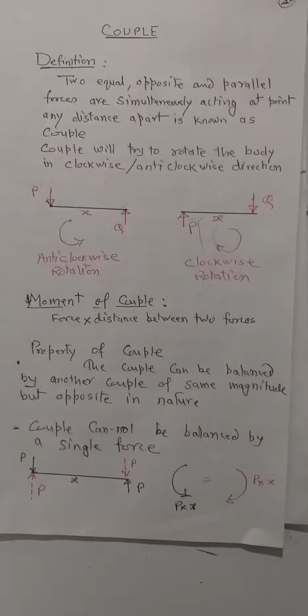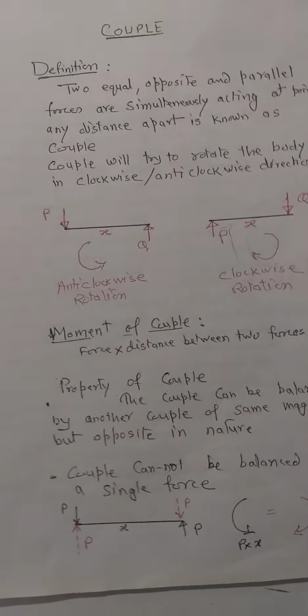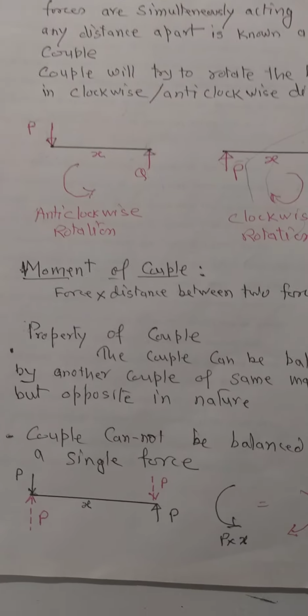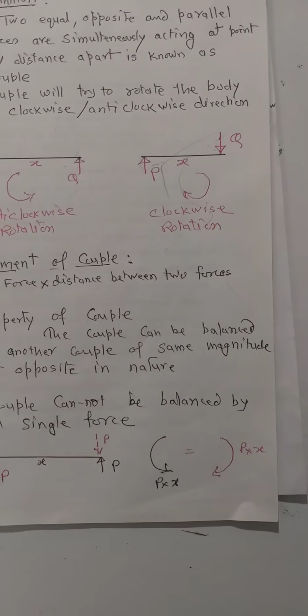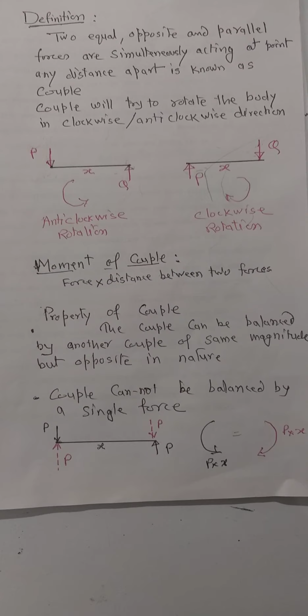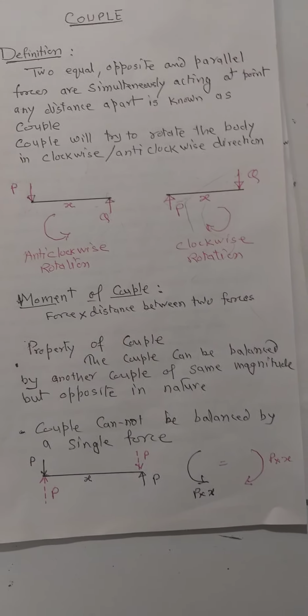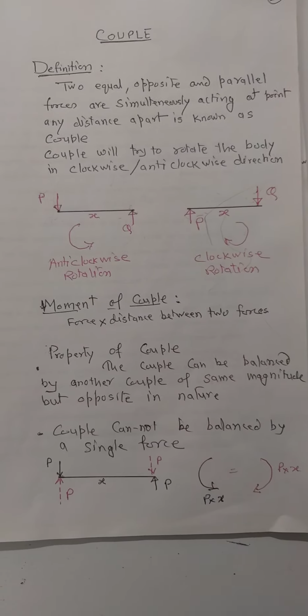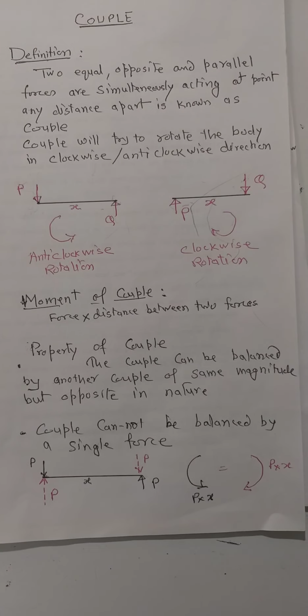Now, the important property of the couple is that a couple can only be balanced by another couple of the same magnitude but opposite in nature. Suppose one couple tries to rotate in an anti-clockwise direction.